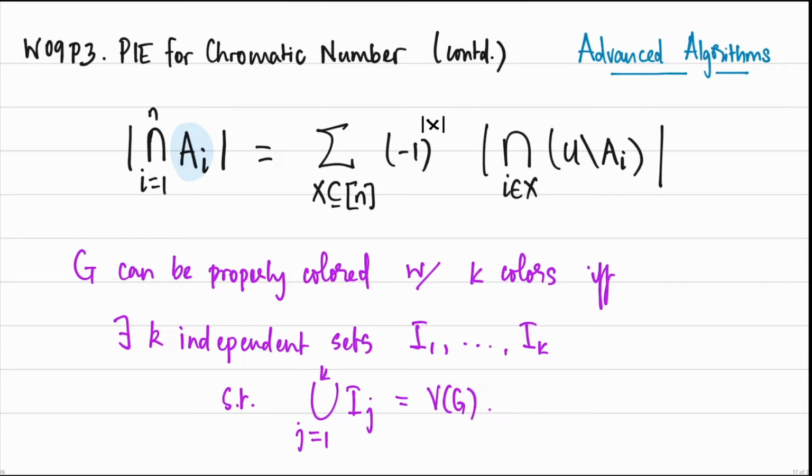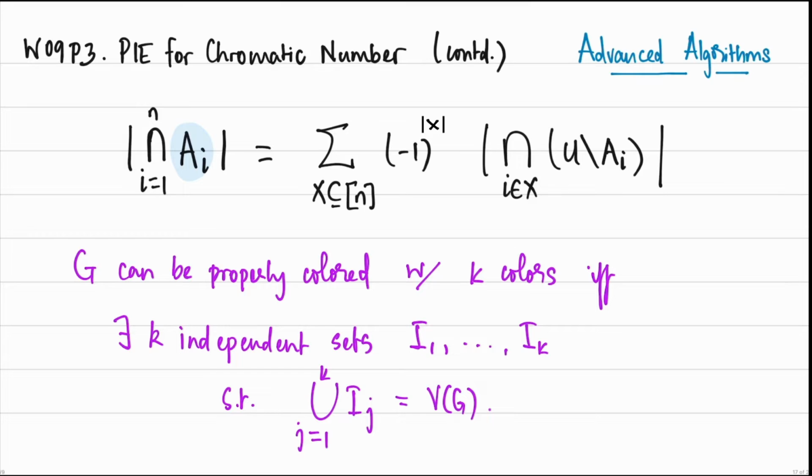So first of all, notice that if we can count how many covers there are of the vertex set, then we are in business, because we just need to know if there is at least one that uses k independent sets if we want to know if the graph can be colored with k colors. Of course, previously we were talking about the chromatic number directly, where we wanted the smallest number of colors that can be used to properly color the graph.